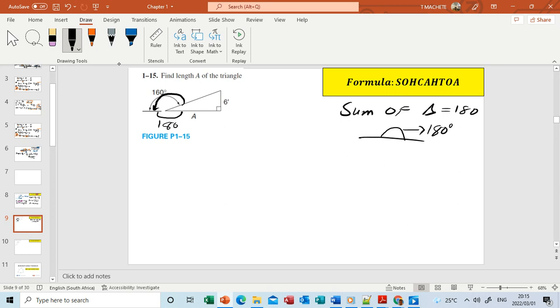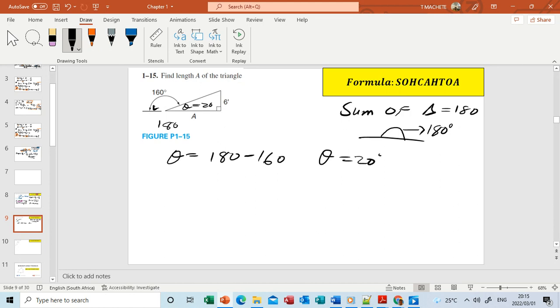So to get that angle, let's say this angle is theta, you're going to say 180 minus 160. Then your theta will be equal to 20 degrees. So you're going to write 20 degrees there.